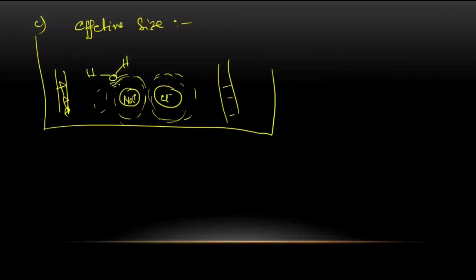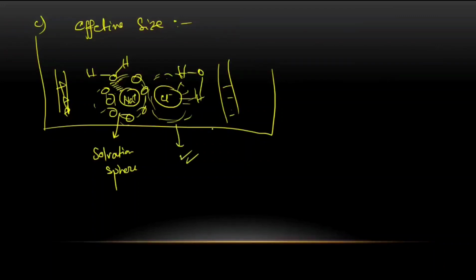The oxygen pole will interact with sodium. Here a hydration sphere or solvation sphere will be formed. It is called solvation sphere; if it is water, then hydration sphere. Okay. And here also the H pole will interact. It will make a hydration sphere or solvation sphere like this.